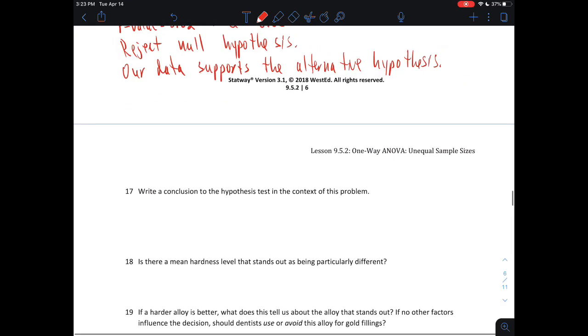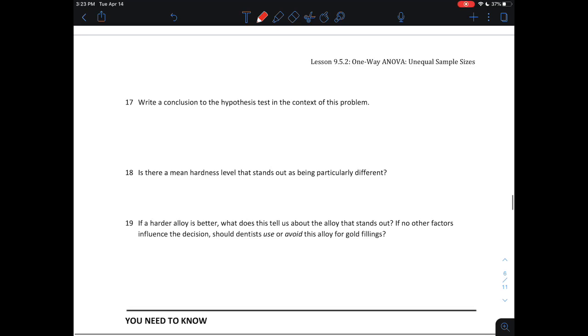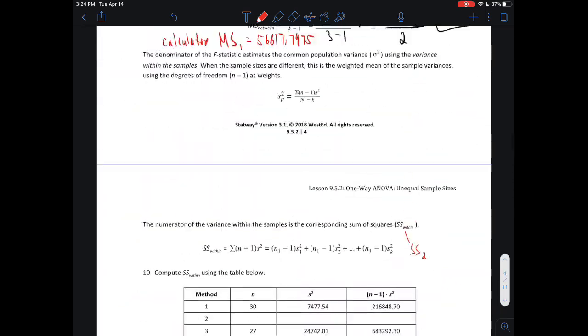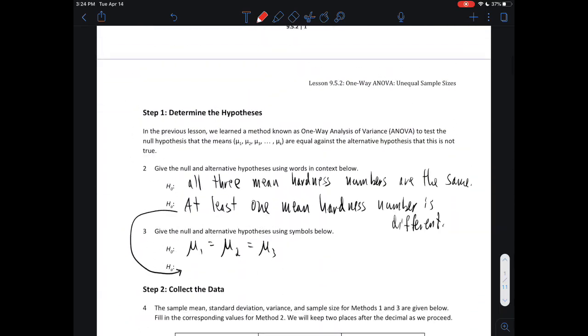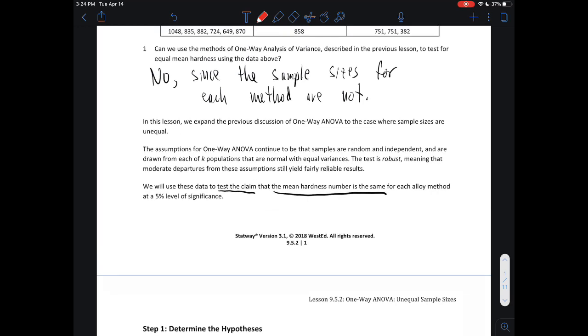Continuing with our conclusions, number 17, write a conclusion to the hypothesis test in the context of this problem. So if our data supports the alternative hypothesis, think about what that means with your claim. If I go all the way back to the beginning of the lesson, remember that our claim was that the mean hardness number is the same for each alloy method.